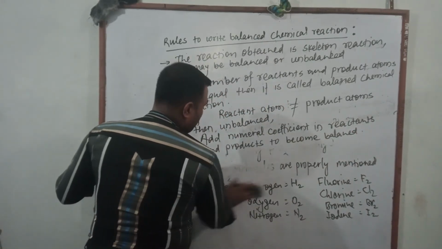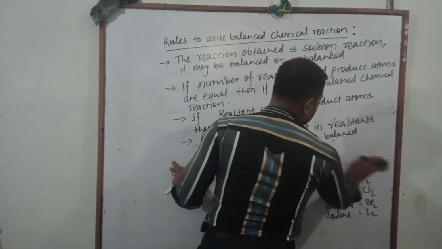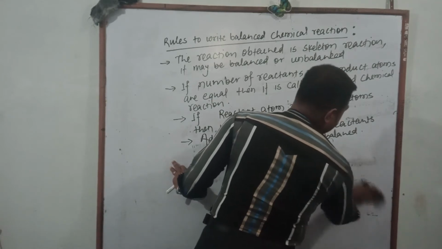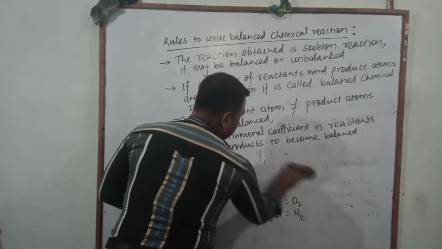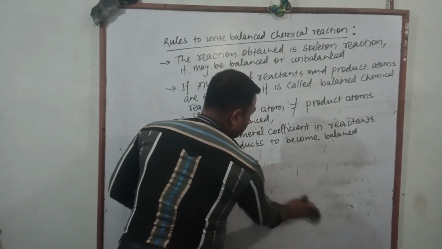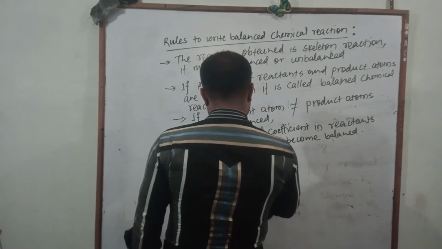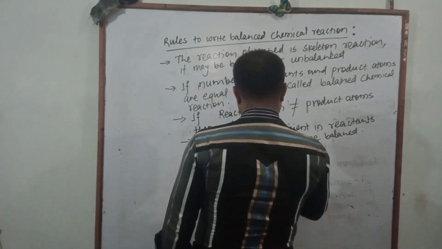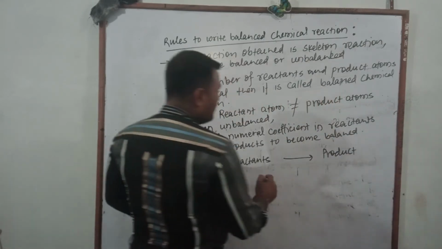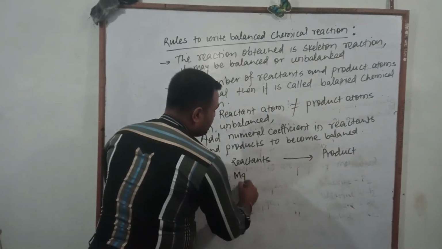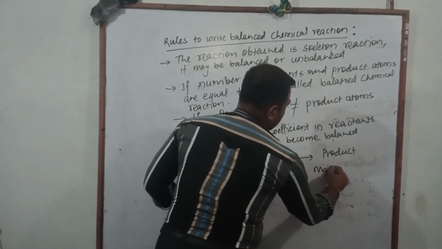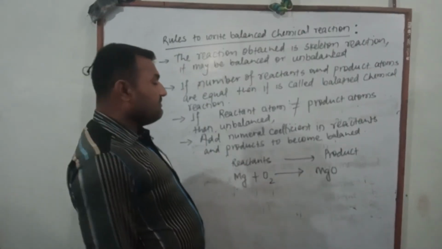Here, when magnesium burns in air, we get magnesium plus oxygen gives magnesium oxide. Is it balanced or unbalanced? Here we check. Reactant magnesium burns with oxygen, giving the product magnesium oxide. How do we check it is balanced?